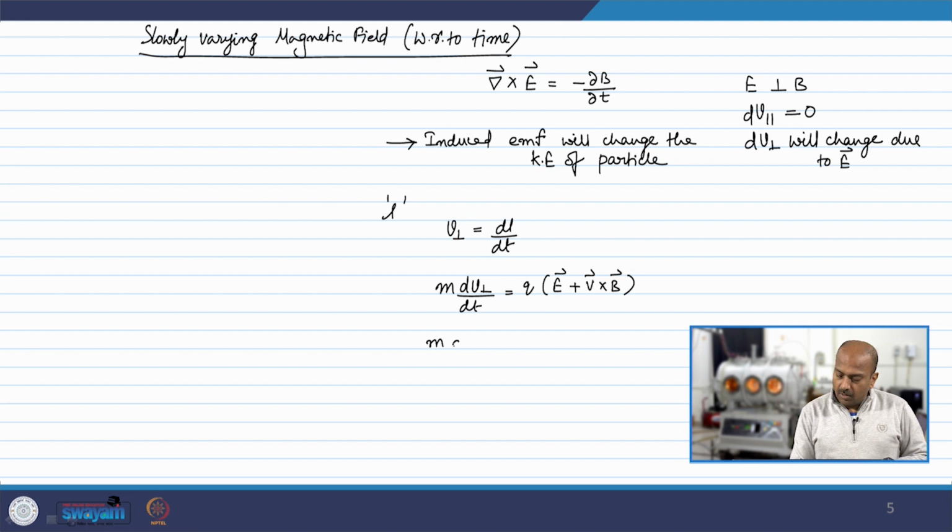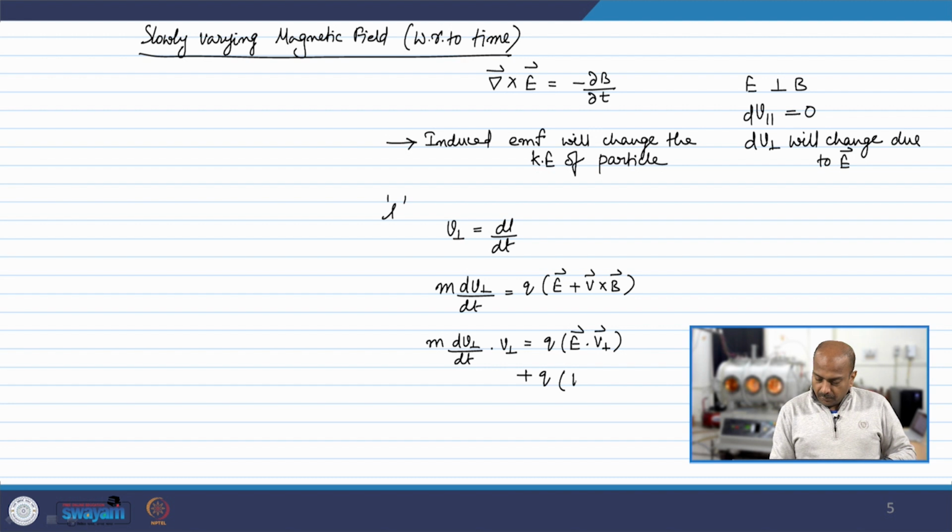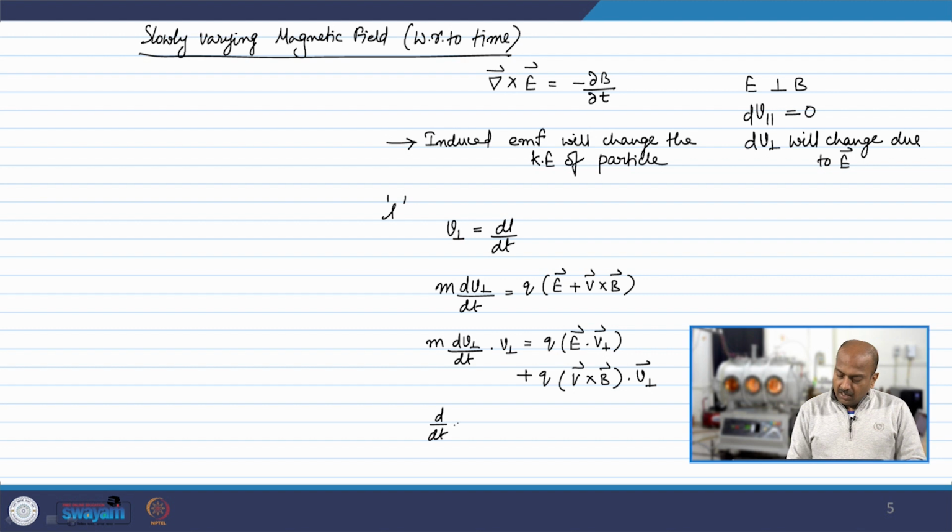Which is m dV perpendicular by dt dot V perpendicular is equal to q times E dot V perpendicular plus q times V cross B dot V perpendicular. m dV by dt dot V can be written as d by dt of half m V perpendicular square.